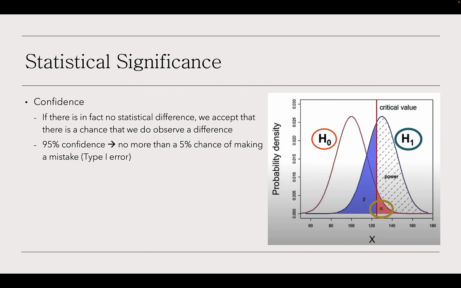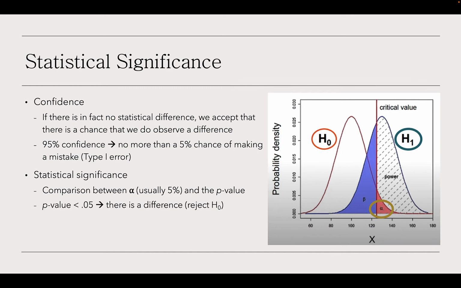So what does 95% confidence mean? It means that there's no more than a 5% chance of making a mistake or a type 1 error. All right, and then how does this compare to statistical significance? Comparison between alpha, usually 5%, and the p-value is when we start talking about statistical significance. If we're setting alpha, our probability of making a type 1 error, at 5%, then we compare our p-value to 5%.